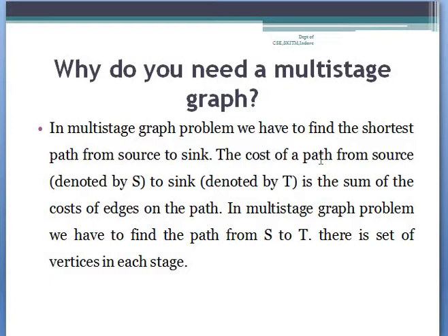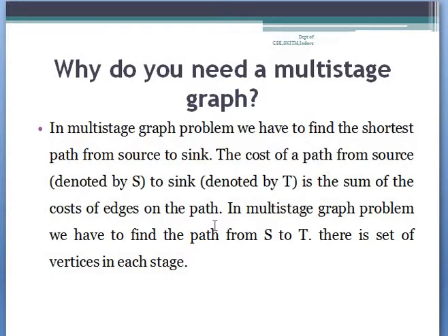The cost of the path from the source node to the sink node we denote with T. The cost of the path from the source to the sink is the sum of all the edges on that path.